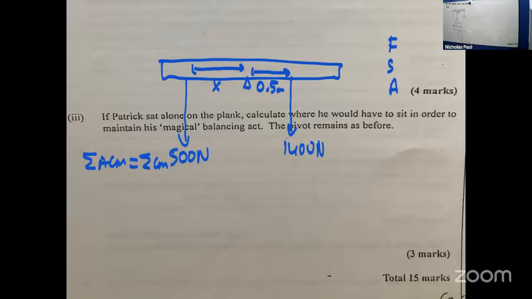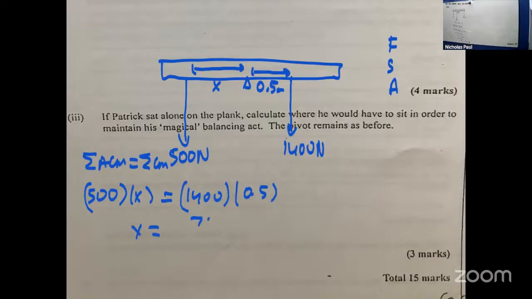Right, so the anticlockwise is 500 by X. So I got 700 over 500. 1.4. Yeah, good.